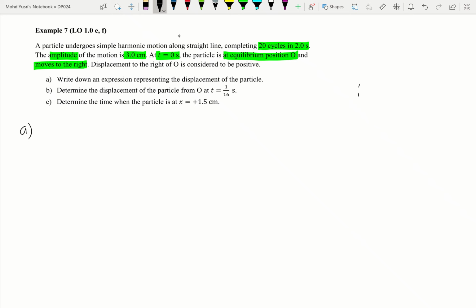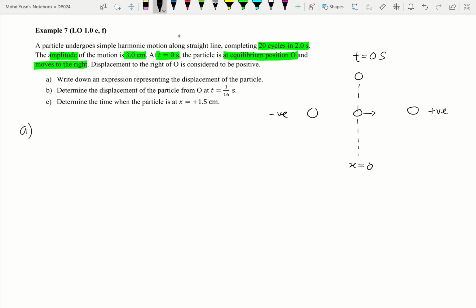So, partikel itu bergerak ke kanan dan ke kiri. Dan pada masa time t is equal to 0 second, partikel itu berada di x is equal to 0 dan partikel itu bergerak ke kanan. So, sekiranya kita bayangkan dalam syllabus ataupun dalam pembelajaran kita, kanan adalah positif dan kiri adalah negatif.